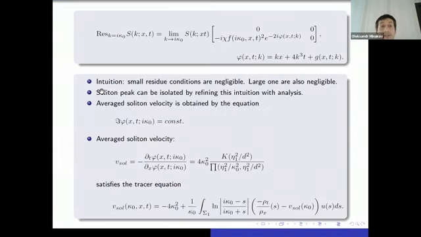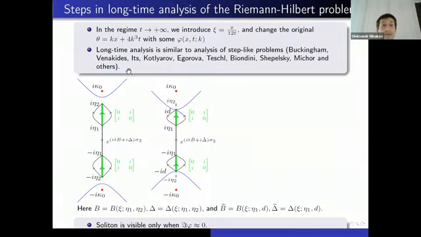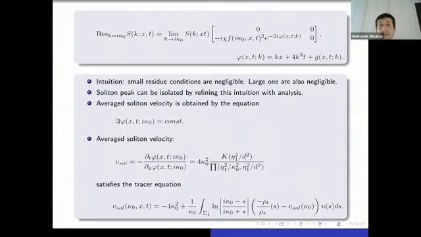At the point i kappa 0, we have some residue condition like this, and in different regions of this k-plane, function phi is either big positive or big negative, and so here we have this exponent. When this exponent is small, then the residue condition is just negligible.